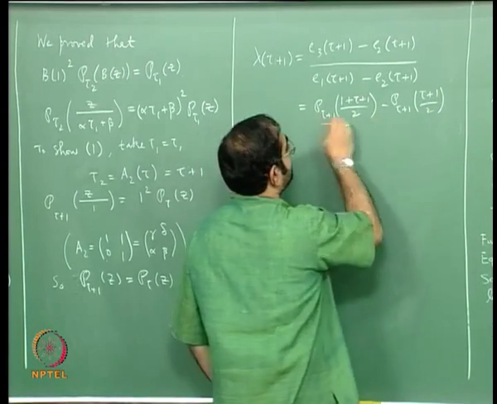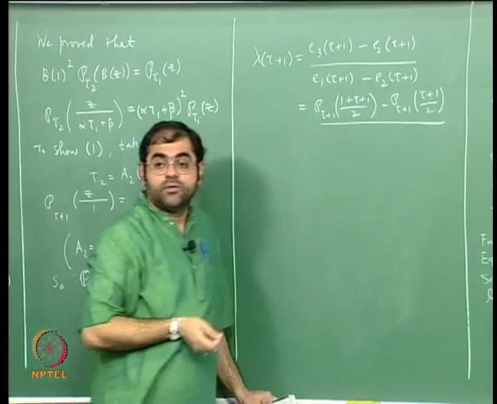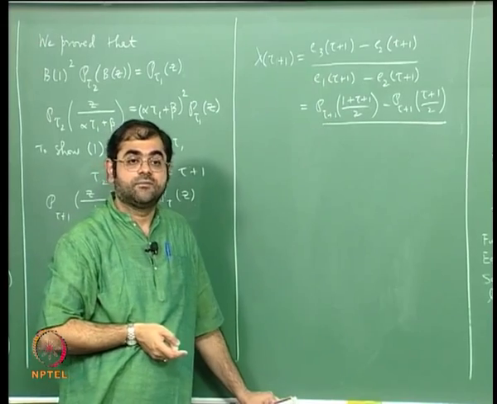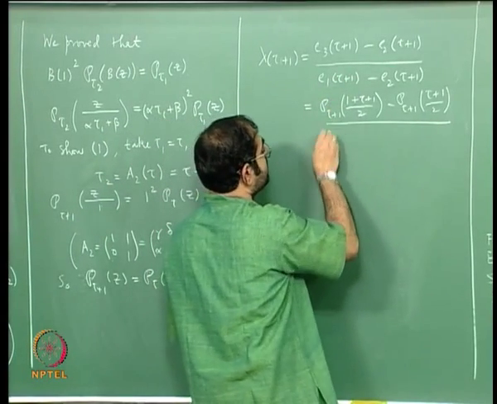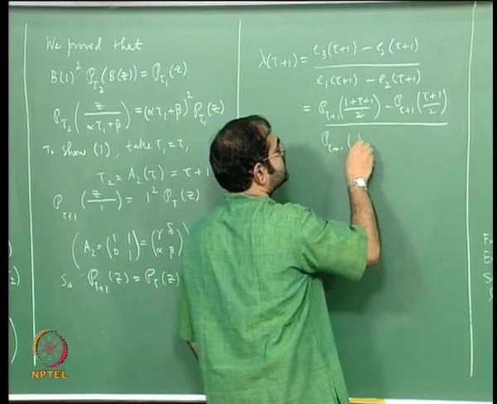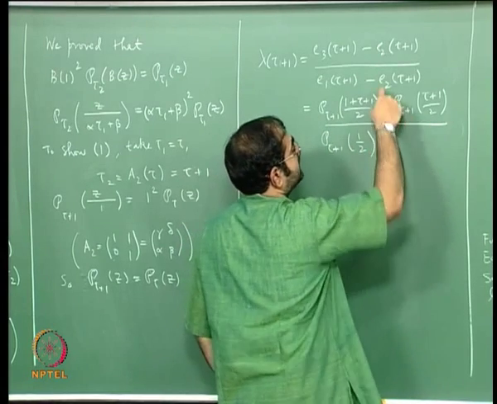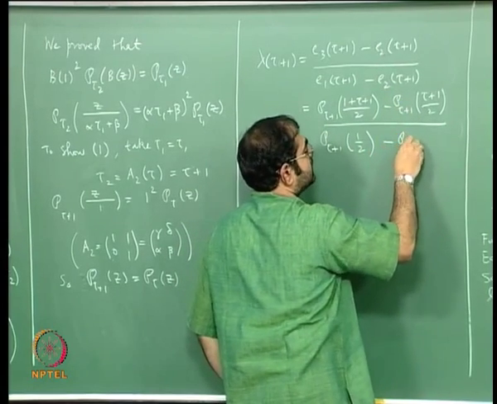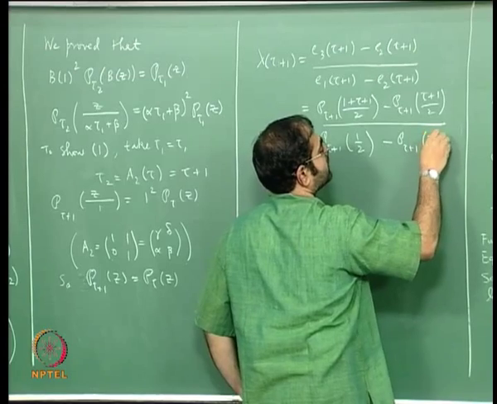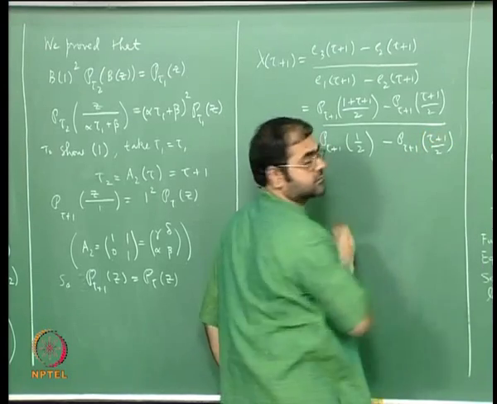And E1 of tau is p tau applied to half, so E1 of tau plus 1 will be p tau plus 1 applied to half. This is what you will get.